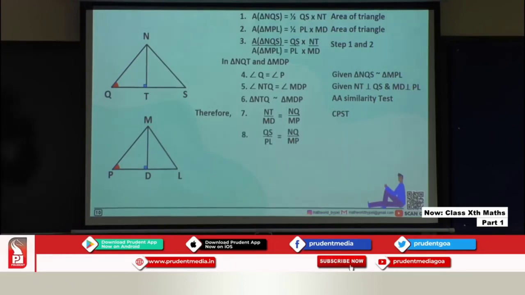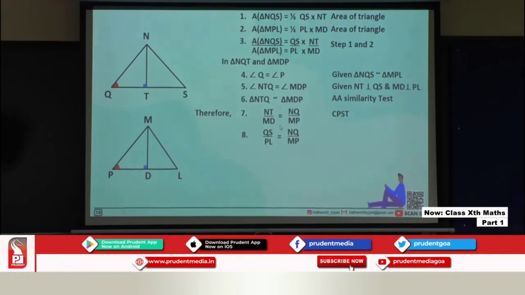Then next is I have written QS upon PL is equal to NQ upon MP. Now here, from where did I get this? Look at this triangle. So QS, right? So QS is over here, this part, upon PL, and NQ upon MP.